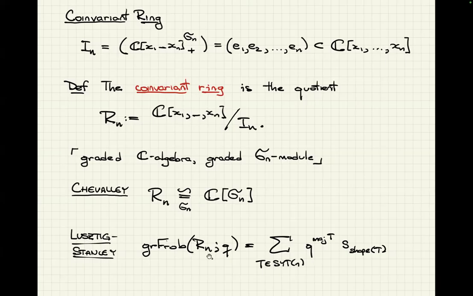The graded character of Rn, where q is my grading variable, can be expressed combinatorially as a sum over standard tableaux of q, my grading tracker, to the major index of that tableau. And now I have my stand-in really for the irreducible representation of Sn corresponding to the shape of my tableau. So we won't be talking so much about module structure in this talk today, but this is just a very nice result that's inspired a lot of very cool mathematics.